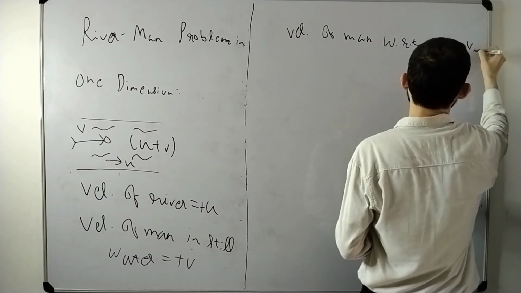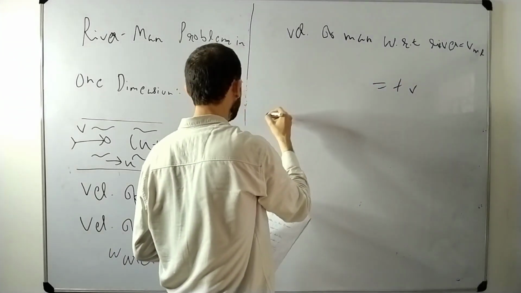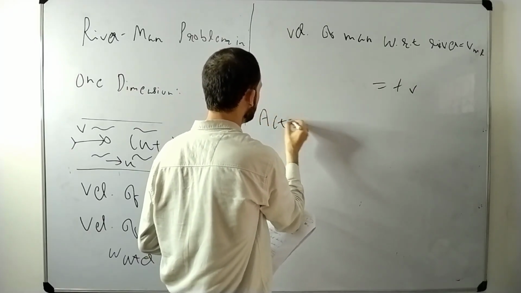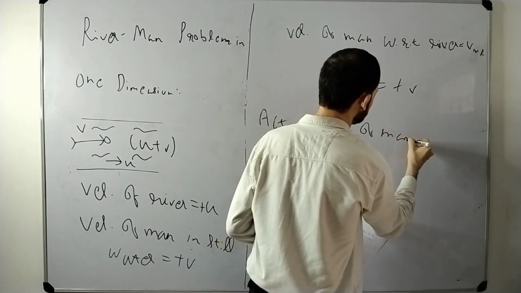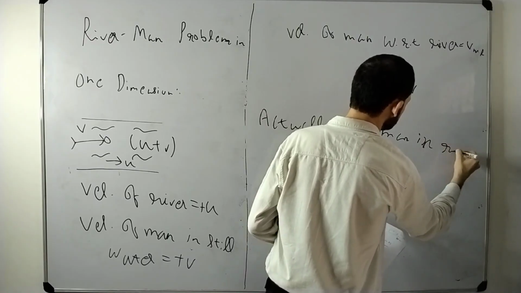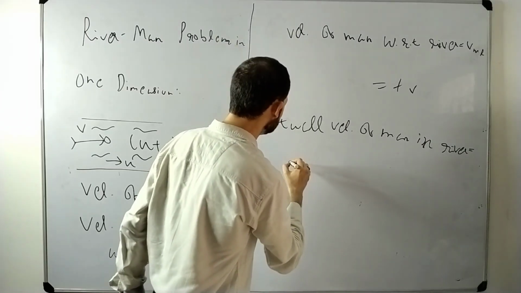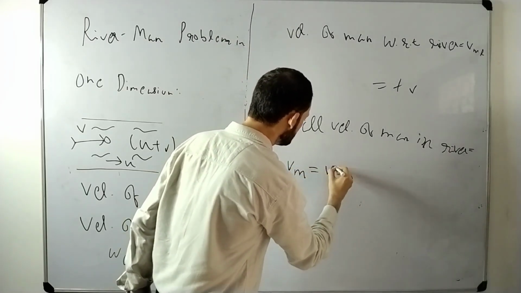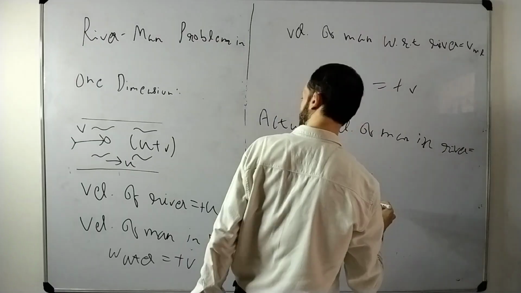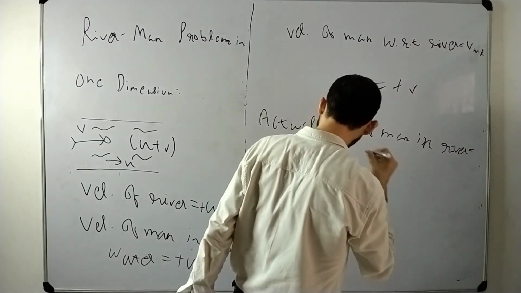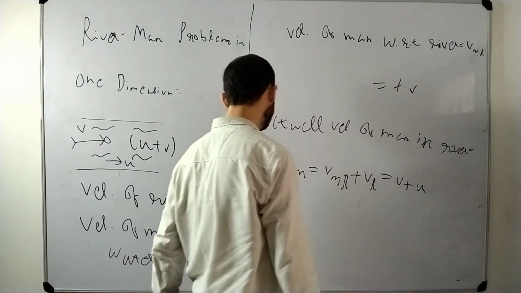VMR is positive V. Then the actual velocity of man in river is VMR plus VR, velocity of river. Yes, students, this comes out to be V plus U. The next part.